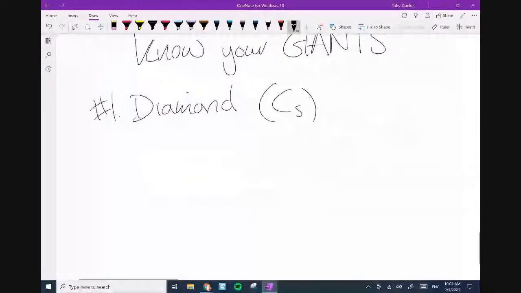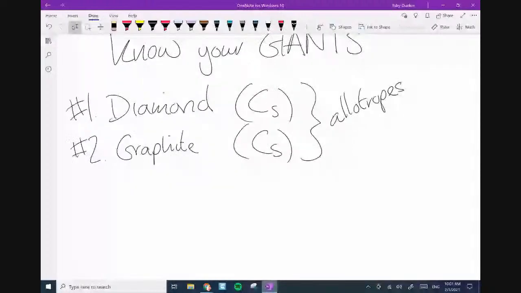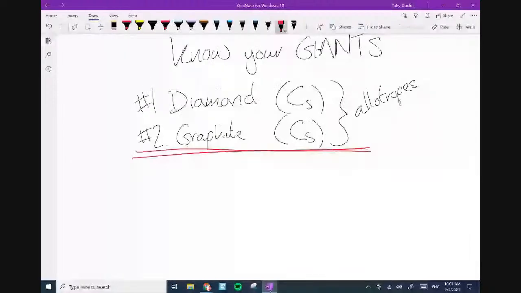Allotropes. Graphite gets its very own lesson, so see next lesson.